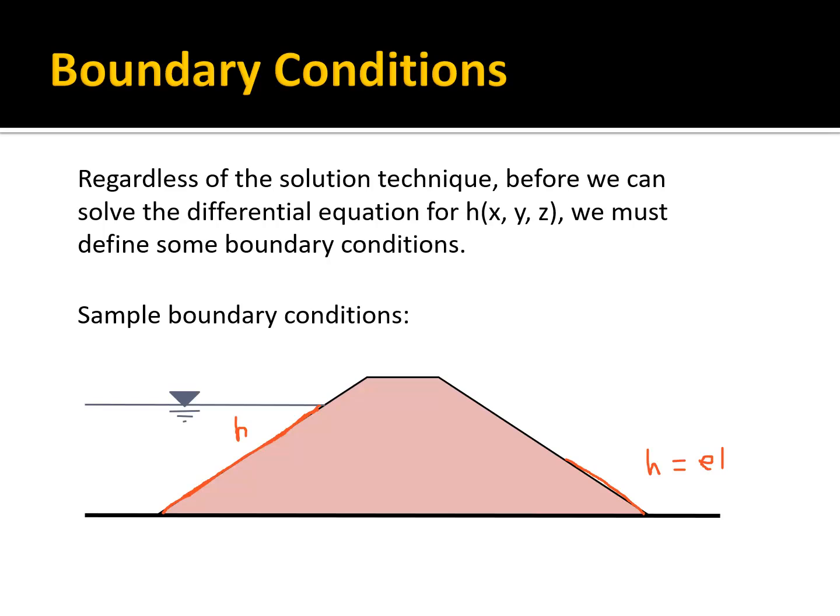And then along the bottom, this is a no-flow boundary condition, which I'll call Q equals 0. What that means is the flow along that line is parallel to the bottom. It doesn't cross through, and so that is a no-flow boundary condition.